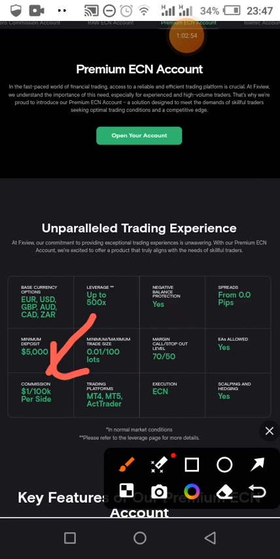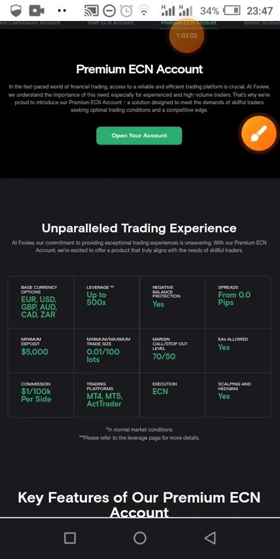Remember, 100,000 is just a standard lot leverage. You can see that in the basics of trading whenever researching on trading. 100,000 leverage is a standard lot, and then a mini lot is 10,000 leverage, and then a micro lot will be 1,000 leverage.